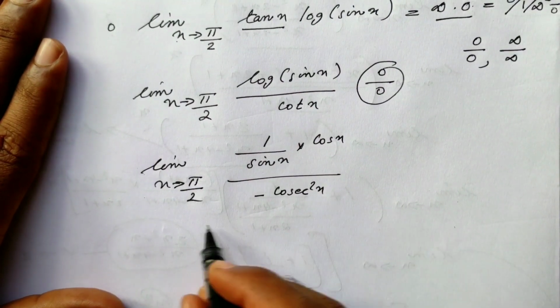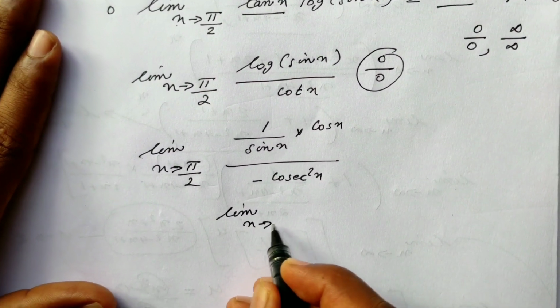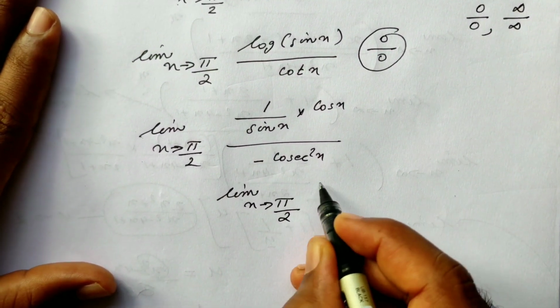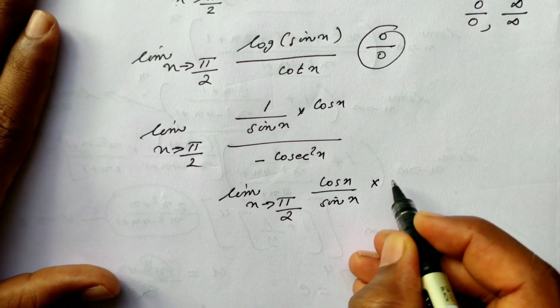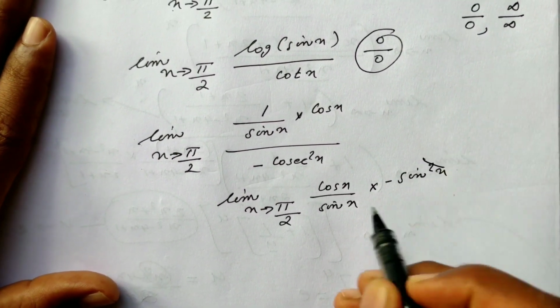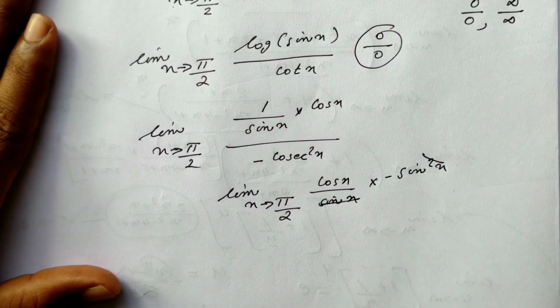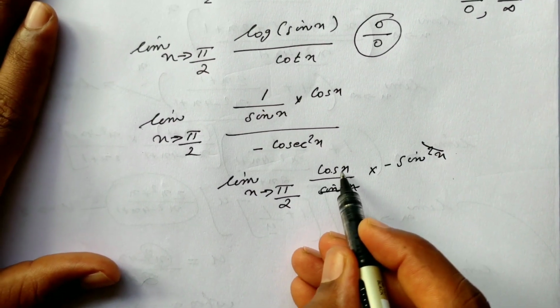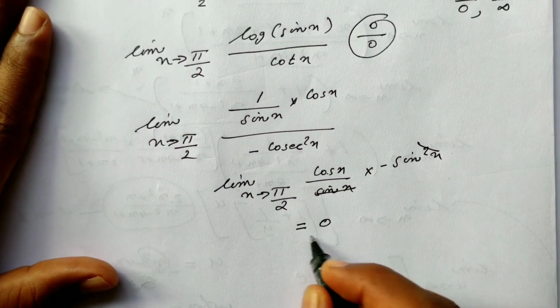We know cosec square x is 1 by sin square x, therefore it will become limit x tends to pi by 2 of cos x divided by sin x into minus sin square x. The sin x and sin x will cancel and it will become cos x into minus sin x. We know cos pi by 2 is 0 and sin pi by 2 is 1. Therefore it is 0 into 1, it will become 0.